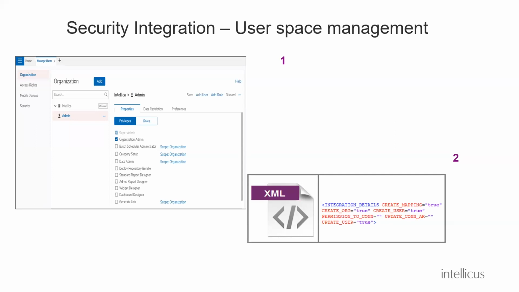Whenever a new user requests for reporting, this XML file will come into picture for user synchronization and all the user synchronizing activities will be performed. Therefore, we can say that this is an automated way of creating users in Intellicus, and hence most of our clients use this method for synchronizing users between the two applications.